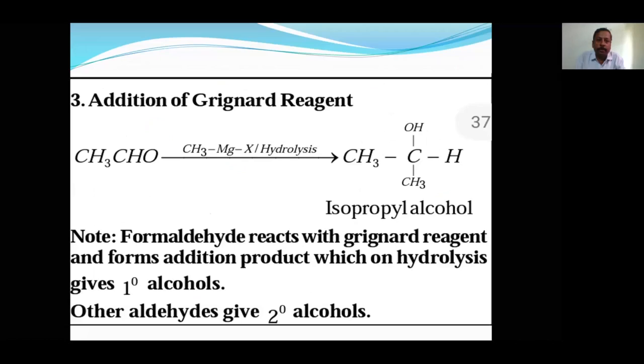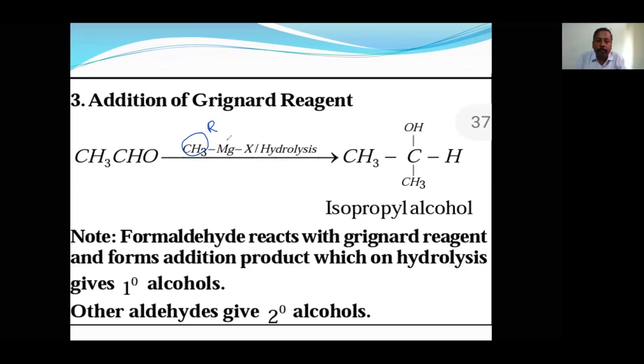Now let's see the next part. Next part is addition of Grignard reagent. Grignard reagent general formula you know, I think RMgX. Here for example I have taken a methyl group, but it can be any alkyl group. RMgX. What is the nucleophilic part here?